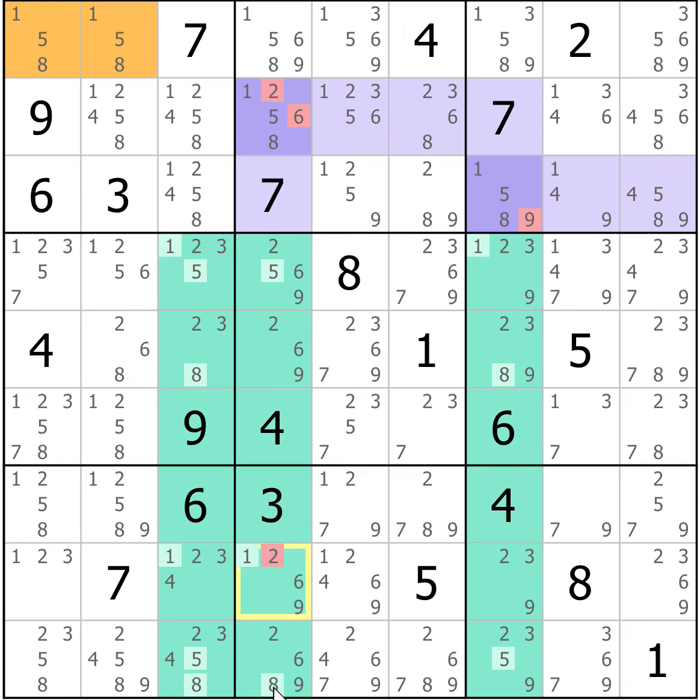So notice that if we were to determine that 1 and 8 were the true base cell digits, then we would know that 1 must be here or here, and 1 must be here or here. Similarly, that applies to, say, the 8.